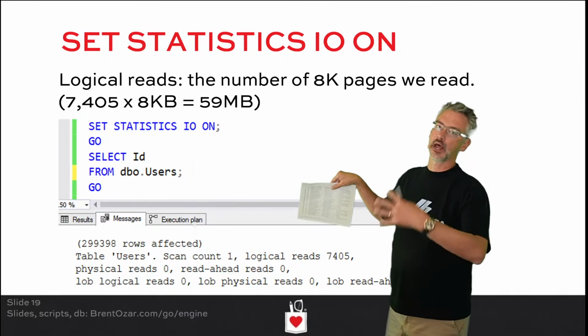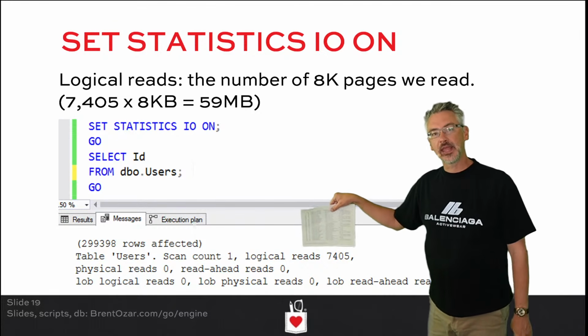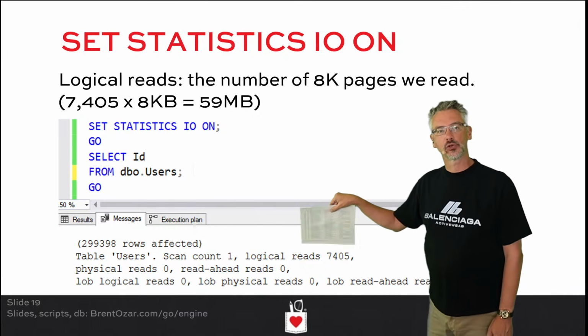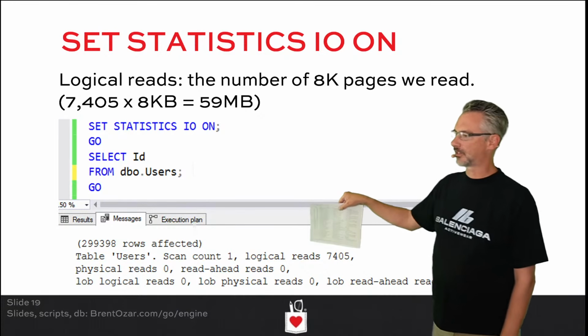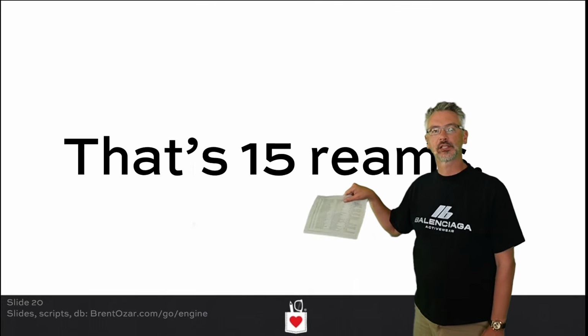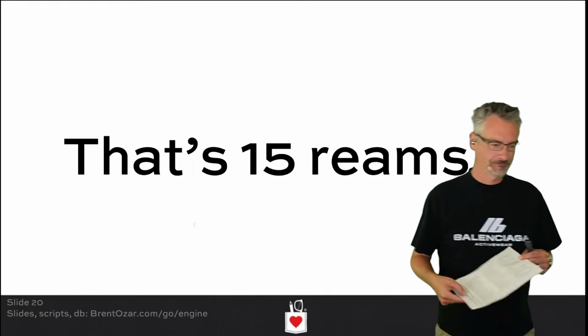Now, granted, they're not paper, they're stored on disk, but the number of 8K pages that SQL Server had to read in order to accomplish your query. In this example, SQL Server had to read about 7,000 pages.